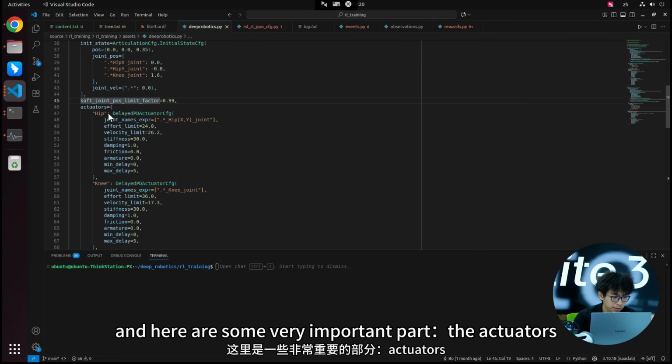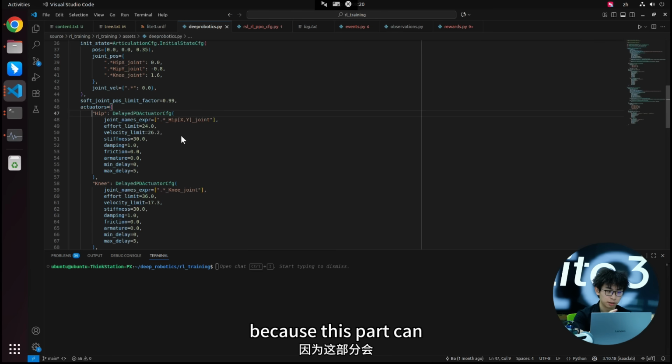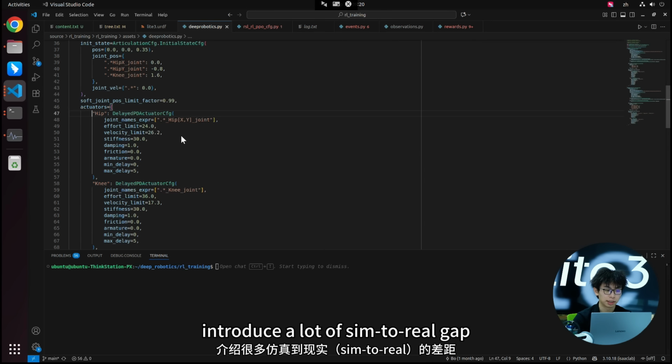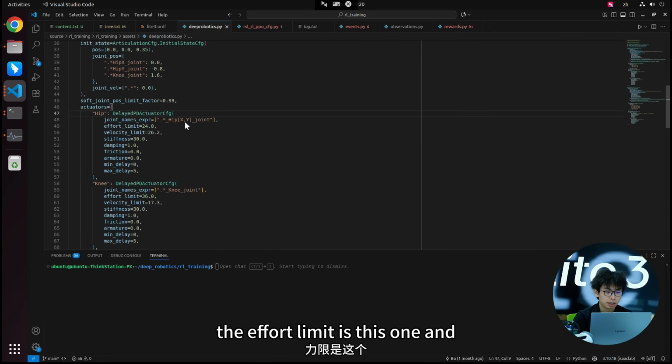And here is a very important part, the actuators. This part you need to define very carefully, because this part can introduce a lot of sim-to-real gap. So in here, for our hip X and hip Y, which are the 2 joints here, the effort limit is this one and velocity limit is this one.